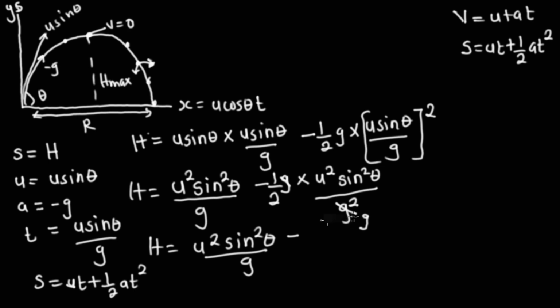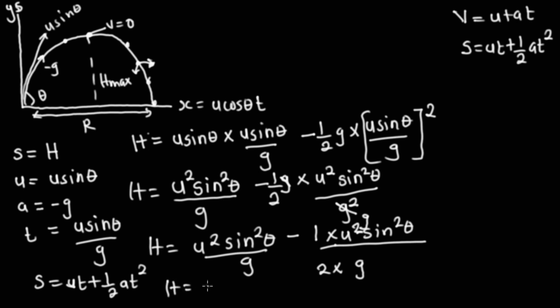The denominators are multiplied by the denominators. Okay, let me just make it clear. This is what we're going to have.